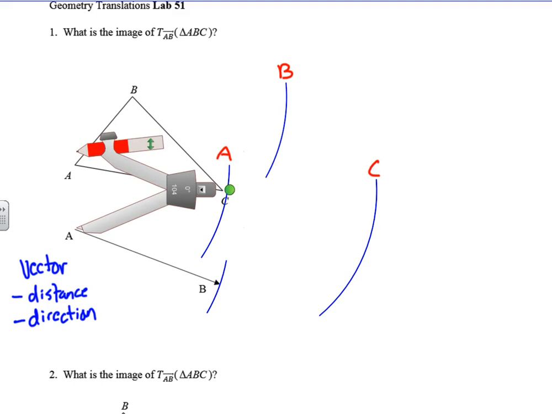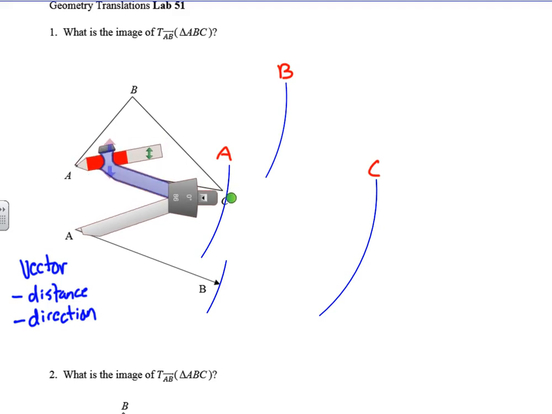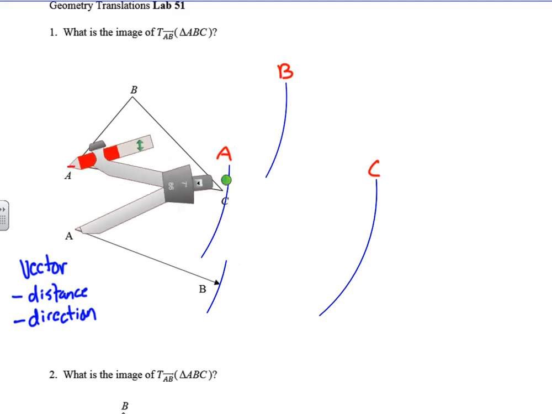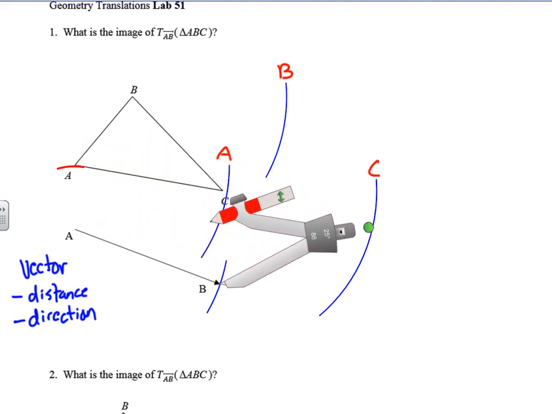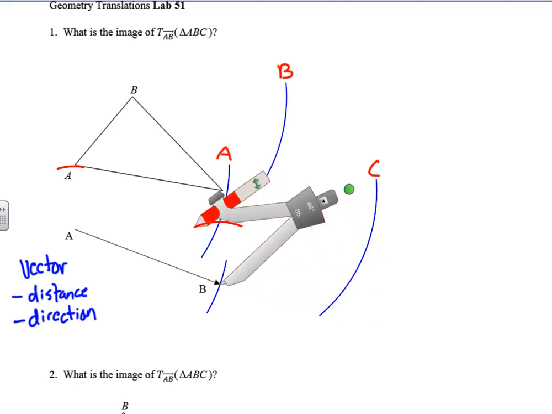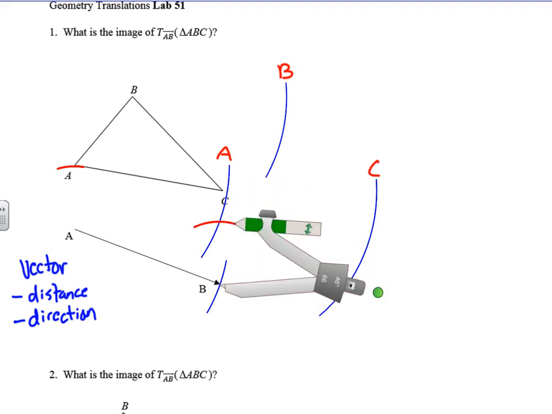Now we need to do the direction piece. So here's how we do the direction. I come up here from the tip of my segment, and I measure how far it is from the tip to point A, and we swing an arc, and I come to the end of this, and I swing that same arc. Now that point right there is A prime.